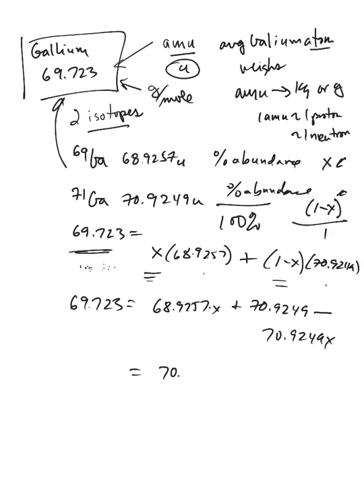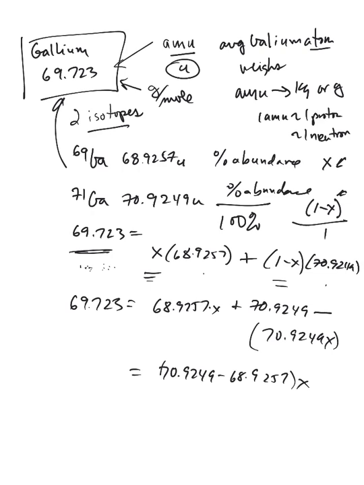So I'm going to have 70.9249 minus 68.9257 times X. And then over here, is this going to be right? I'm going to get a negative number? Oh, I'm sorry. That was a negative. So I want to put that actually on the other side.